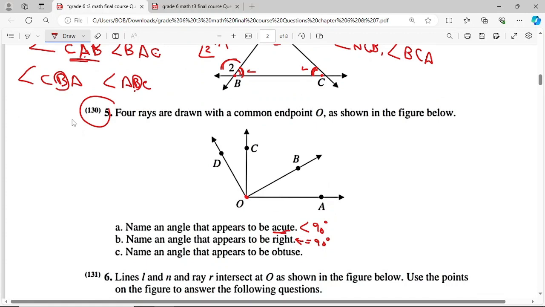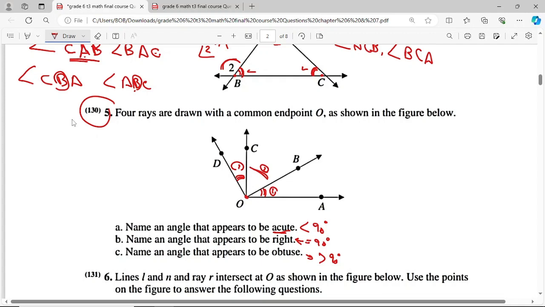Obtuse means the angle is bigger than 90 degrees. So let's see here. You can see this angle is acute. This angle is acute. This angle also is acute. So I have 3 angles.